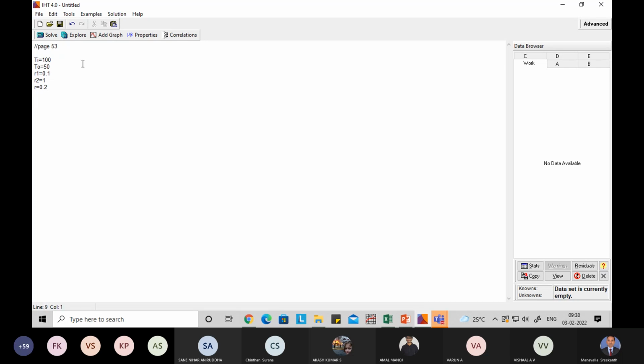Now I want to calculate T. T is equal to minus A minus O multiplied by the logarithm of R, logarithm of R by R1.